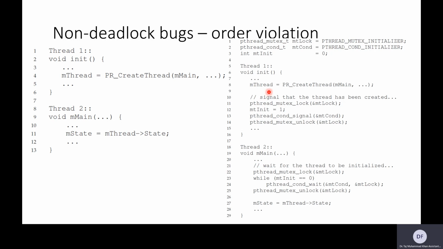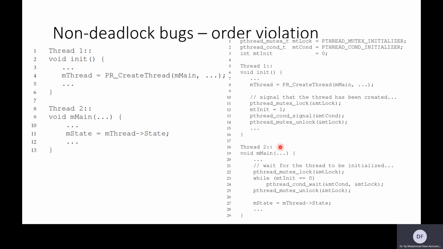Here you see that when we create this thread m_main and assign the value to m_thread, only after that we make m_init equal to 1 and signal this condition variable.